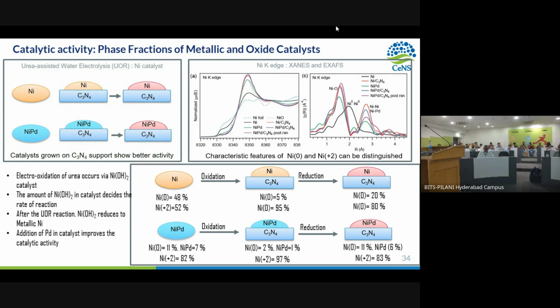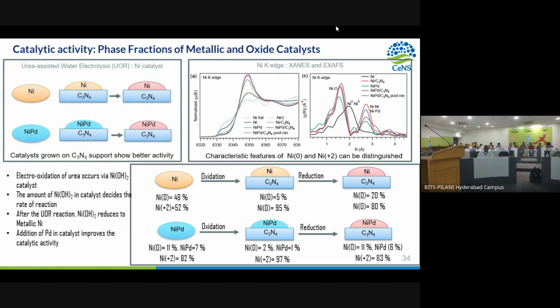When you put this nickel nanoparticle in graphitic carbon nitride C3N4, the nickel in +2 oxidation state goes up to 95%. That is the reason why, when nickel or nickel palladium is put on C3N4, they exhibit better photocatalytic performance.